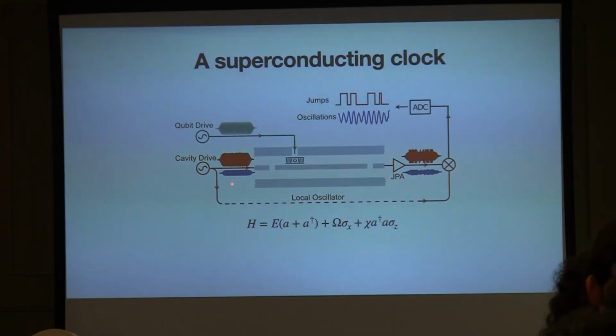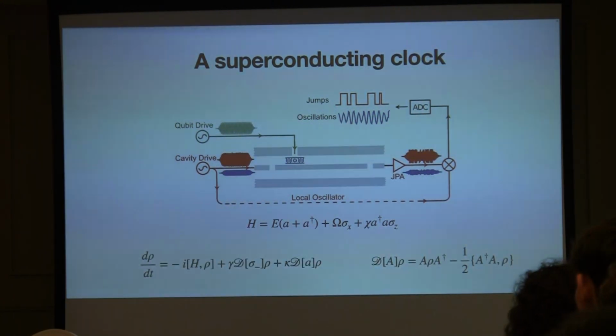Here we have a coherent drive of our cavity, which is driven at strength E. We have a Rabi frequency omega, which is the Rabi frequency of the qubit. And this interaction describes a dispersive coupling between the cavity and the qubit. It couples the occupation of the cavity to the polarization of the qubit.